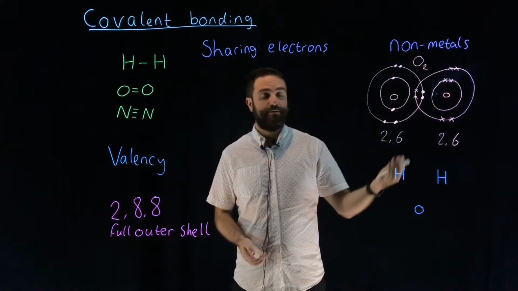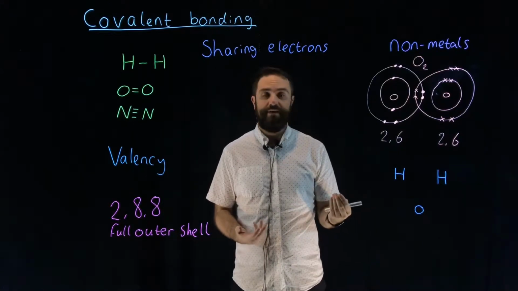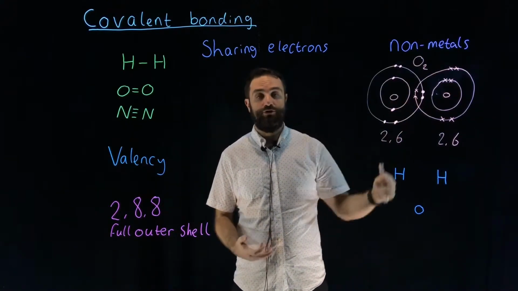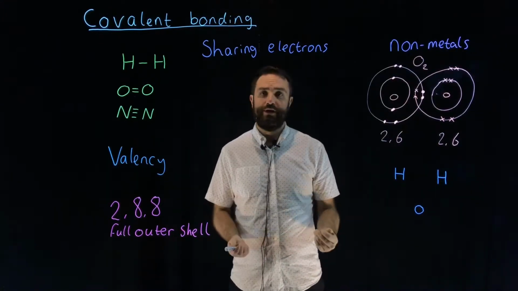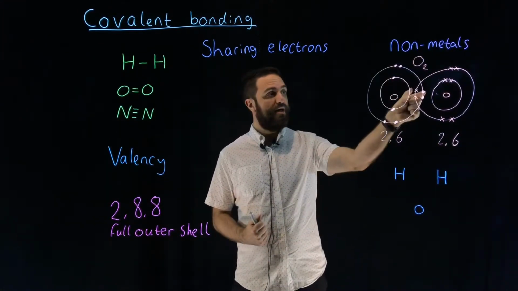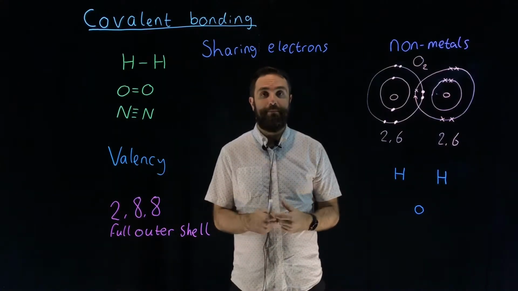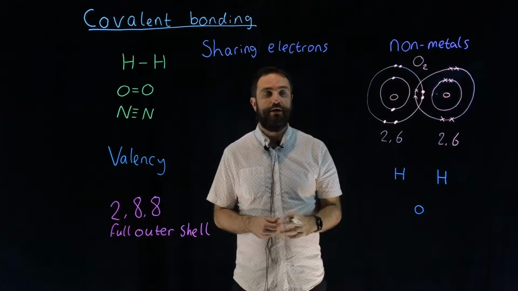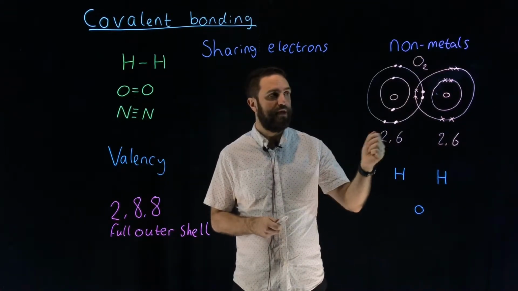If it is reacting with another oxygen, it doesn't have anywhere to get those extra electrons from. And both oxygens want 2 extra electrons. So what they can do is they share. Their outer shells overlap, and these electrons are shared between both oxygens in this example.